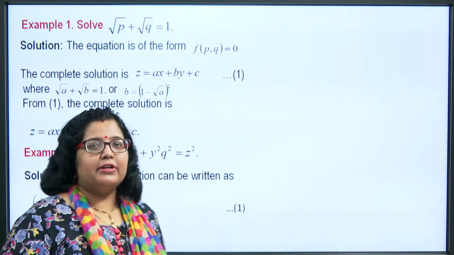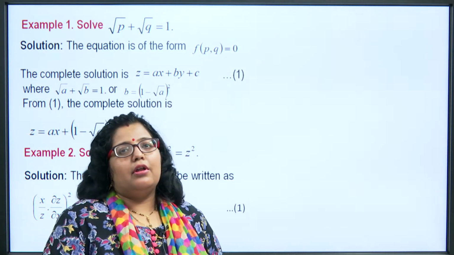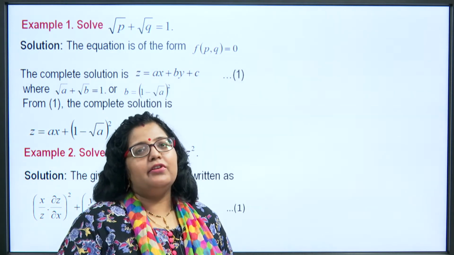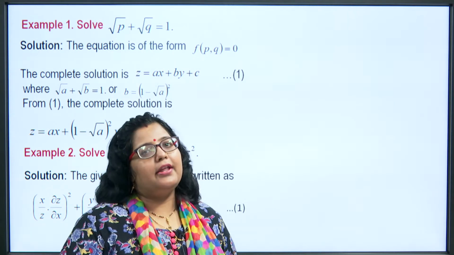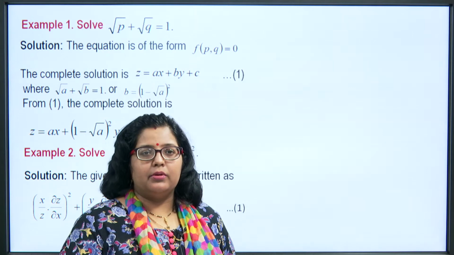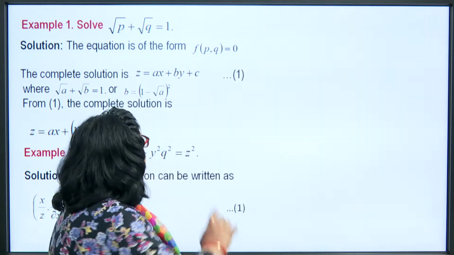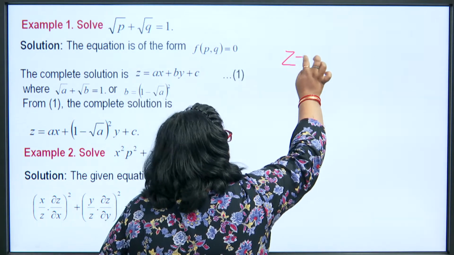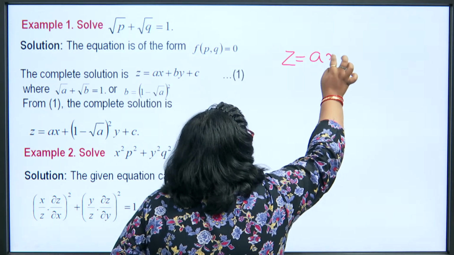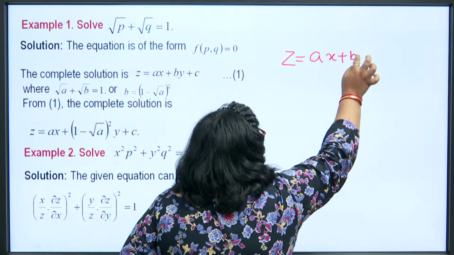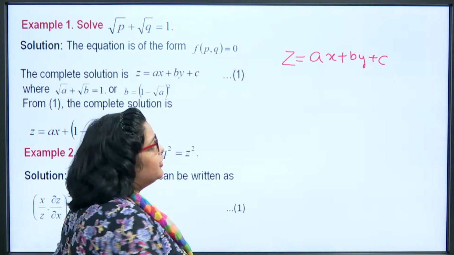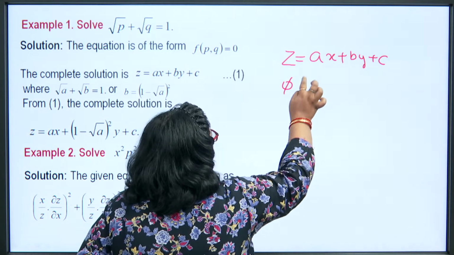This is the first example: solve root p plus root q equal to 1. Here we see that this equation contains only p and q, so this is type first. Firstly, write the solution z equal to ax plus by plus c, and to find the solution there is a relation between a and b.